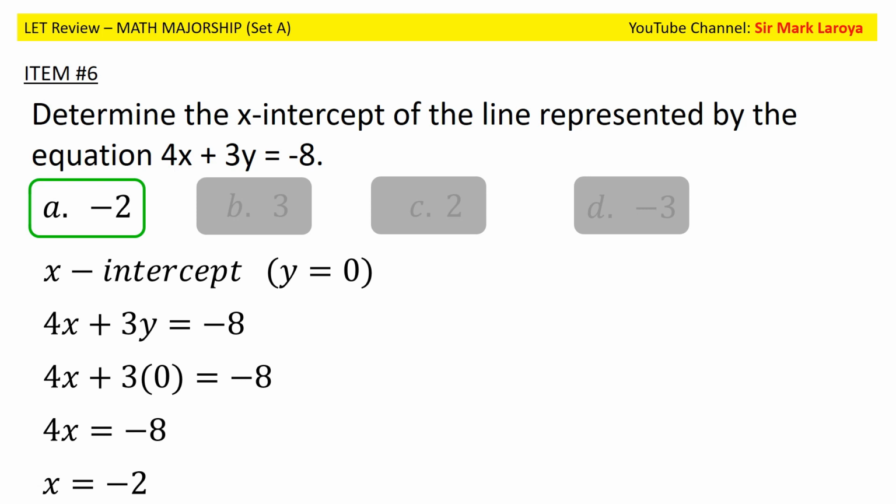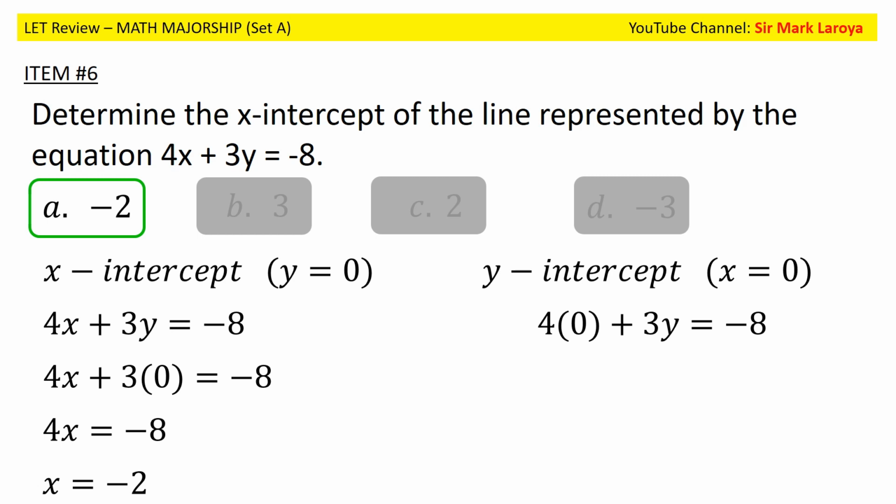Now, since nandito na rin lang tayo, kunin na rin natin yung ating y-intercept. Ano naman yung point along y-axis na tatama yung ating line? So, to get the y-intercept, kung hindi natin siya gustong i-express into slope-intercept form, kung saan nandun yung b, yung y-intercept, pwede rin natin gawin ito. We substitute 0 as the value of x.